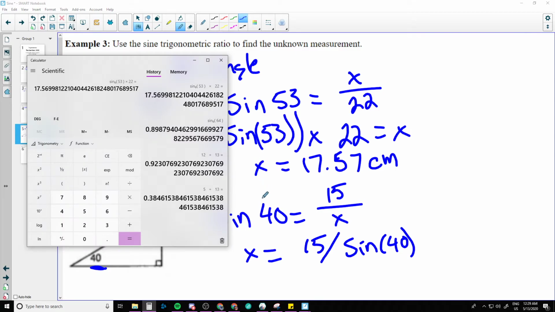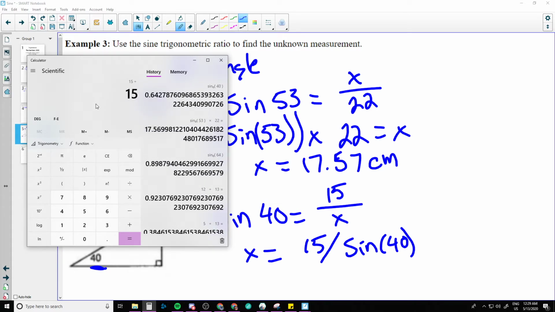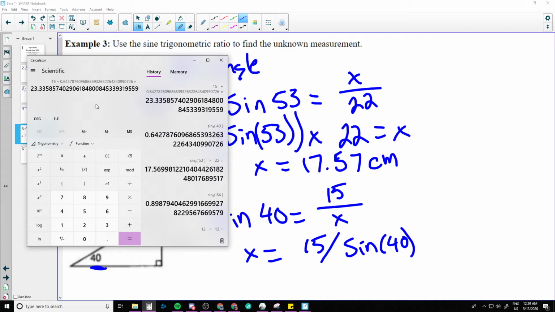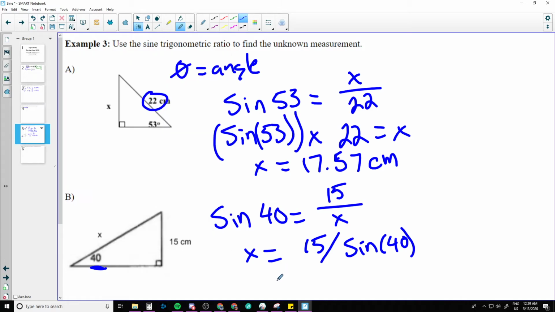So let's put that into our calculators. 40. No, I don't want the second function. So that's our answer there. And then 15 divided by that answer gives us x equals 23.34. And we're in centimeters again.